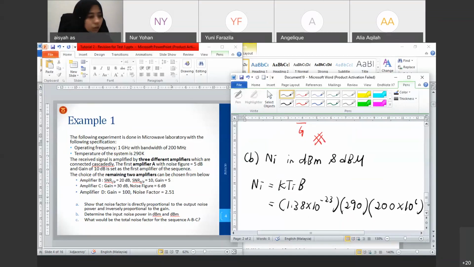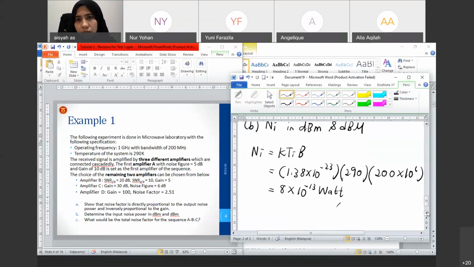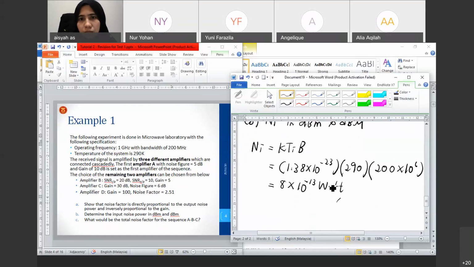When you calculate it, you should get 8 times 10 power of negative 13 watt. Do you get this answer? Yes.